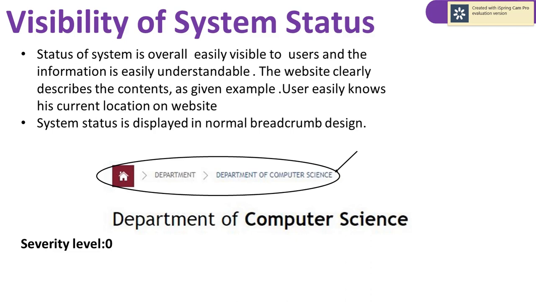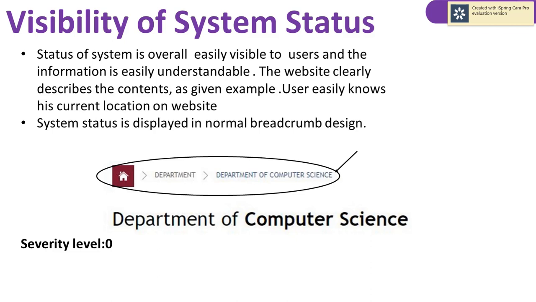For example, when a user navigates or visits the website, he may be on the third submenu, and apparently there are icons. For example, in this displayed picture, system status is displayed in a normal breadcrumb design.